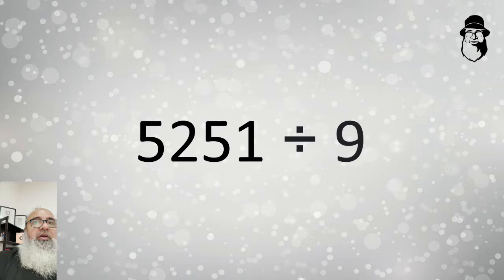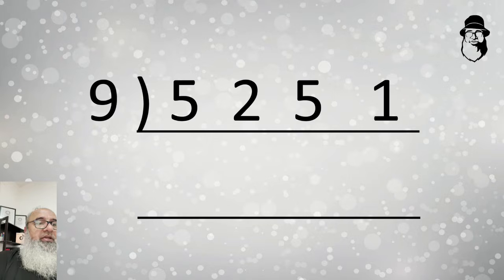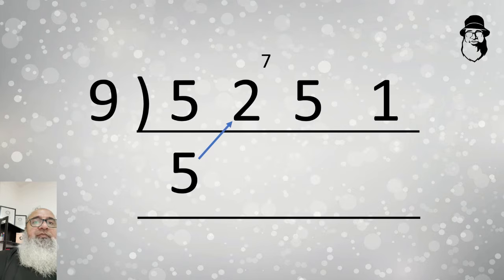Let's do one more example. 5251 divided by 9. Here we bring down 5 as the first digit of the answer. The 5 plus 2 is equal to 7. But before putting that 7 down, just see what happens in the following step. We'll have 7 plus 5, which has a carry of 1 because 7 plus 5 is 12.